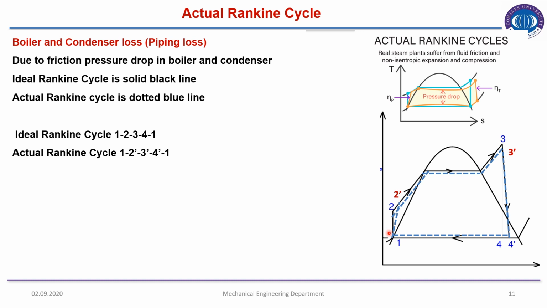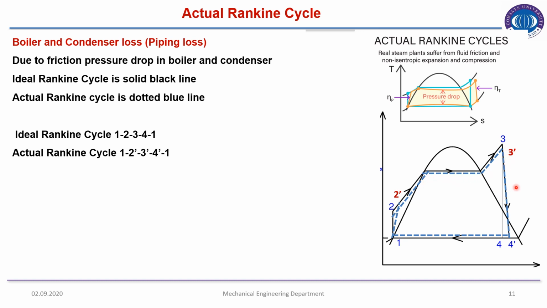So in the ideal Rankine cycle, 1 to 2 is the pump, 2 to 3 is a boiler, 3 to 4 is a turbine, and 4 to 1 is a condenser. And similarly in the actual Rankine cycle, this is 1 to 2 dash, 2 dash to 3 dash is a boiler, so there is a pressure drop as well, so the dotted line is a little beneath it.